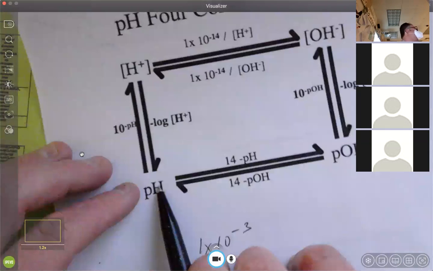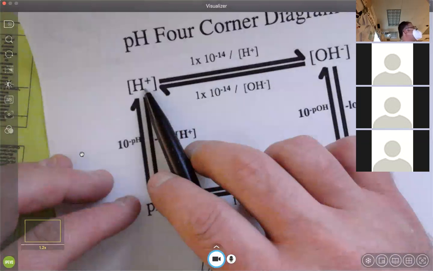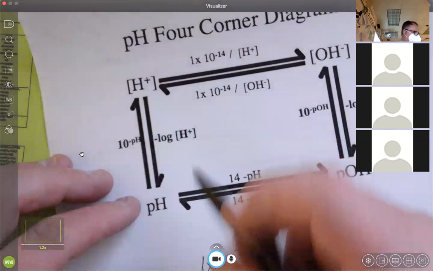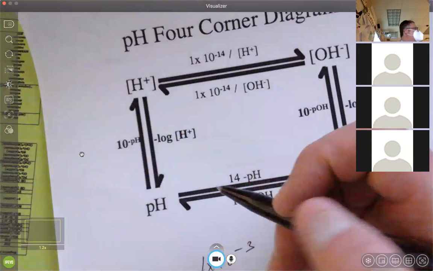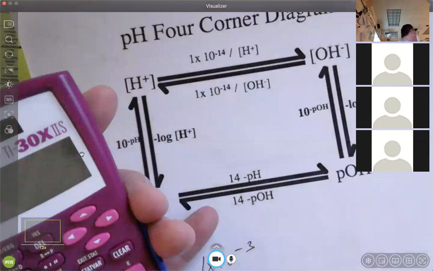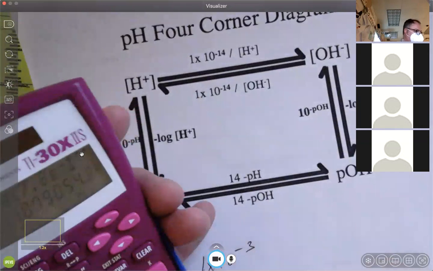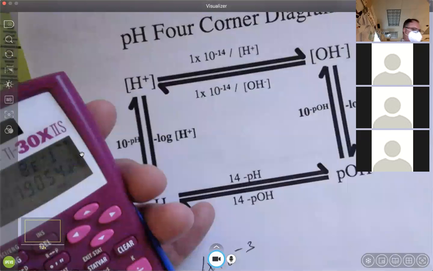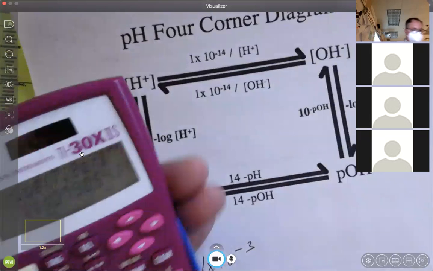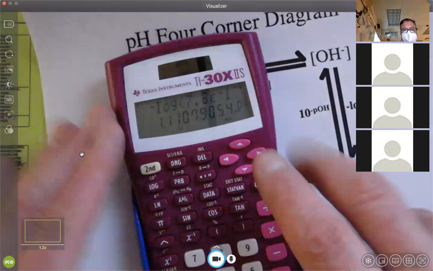So what is the pH of the Sprite using the meter? What is the pH of anything using the meter? Somebody with a lab out? So it's 3.67 is the pH. So I hit that second button and then the log button.